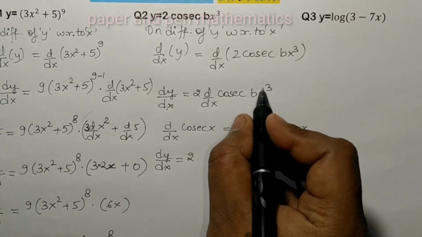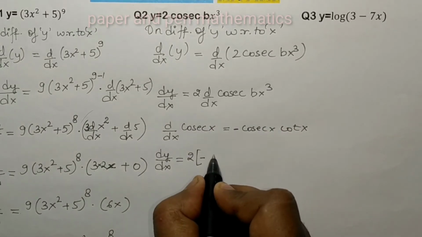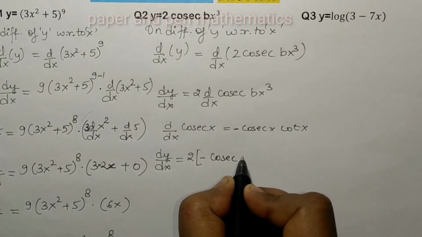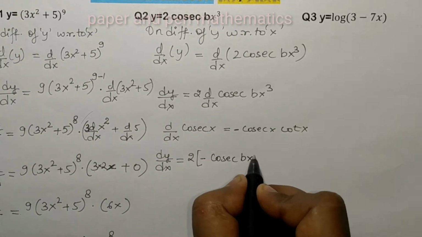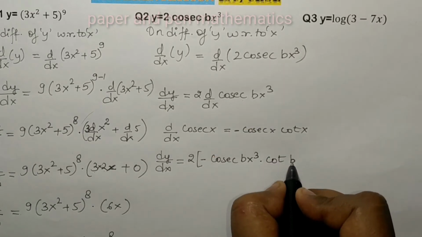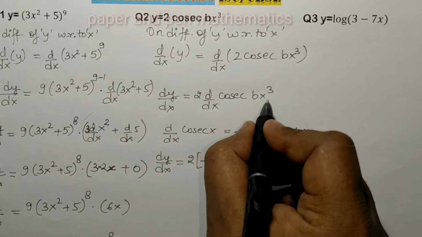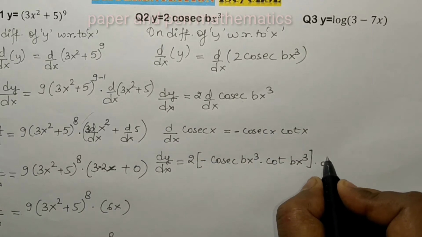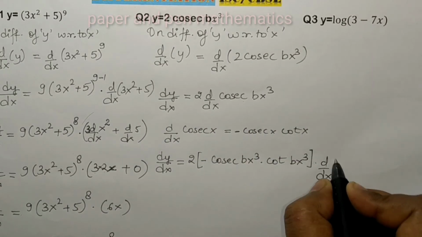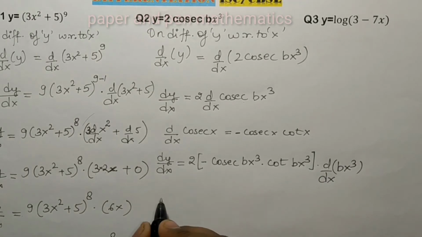So using the formula, dy by dx is equal to 2 times differentiation of cosec, and we are assuming this as x, so cosec x is minus cosec x, and what is your x? Bx cube, dot cot x, which is your bx cube. Since it is not x, it is bx cube, so we have to do differentiation of bx cube. Again, this is known as the chain method.